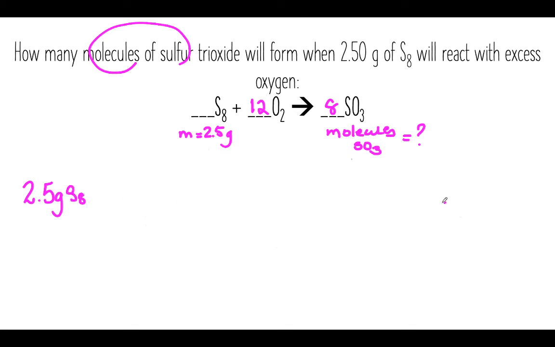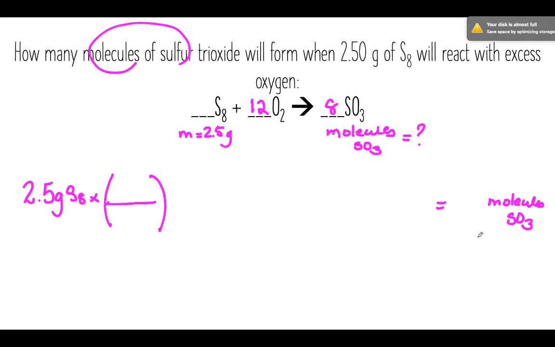And I want to end up with molecules of SO3. Now, how do I go from grams of S8 all the way to molecules of SO3? I can do it step by step. My first step is to get rid of the units of the grams of S8.